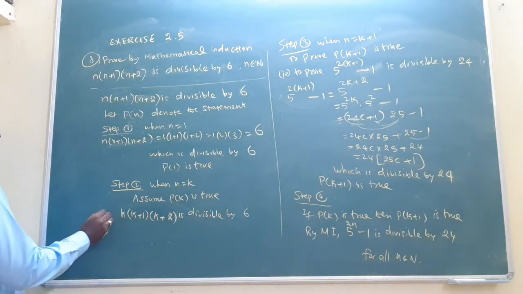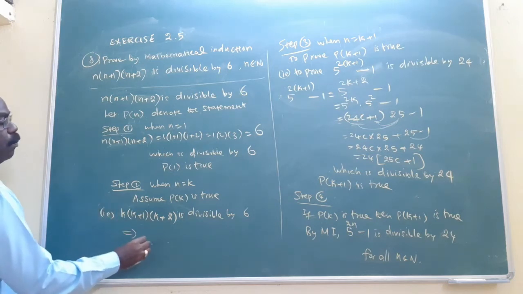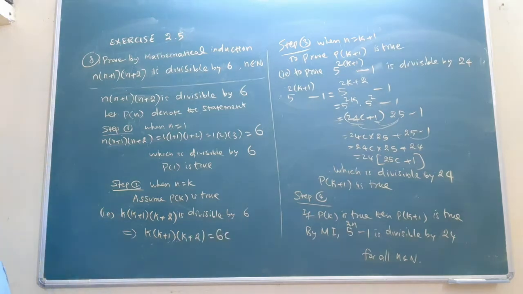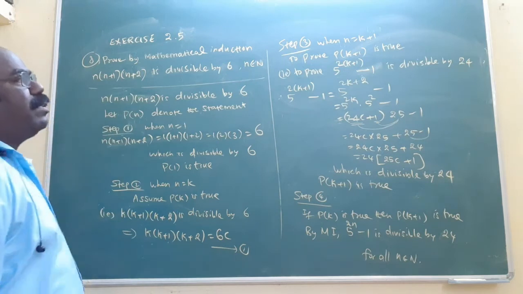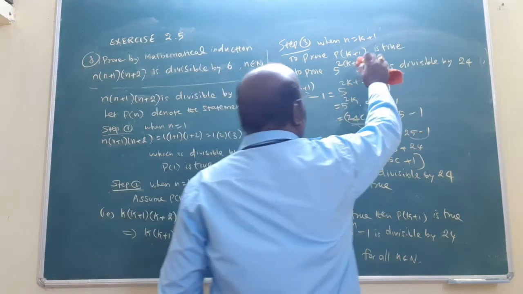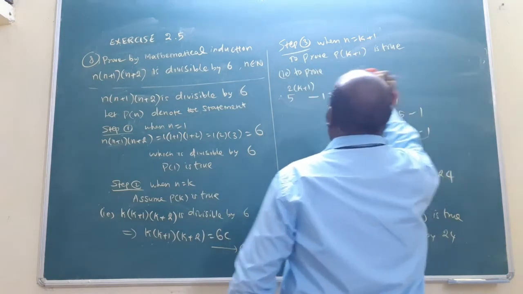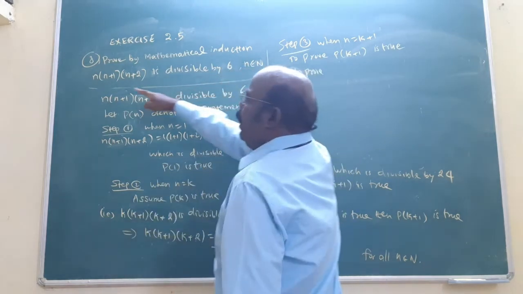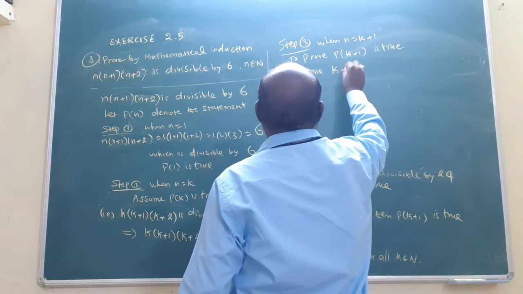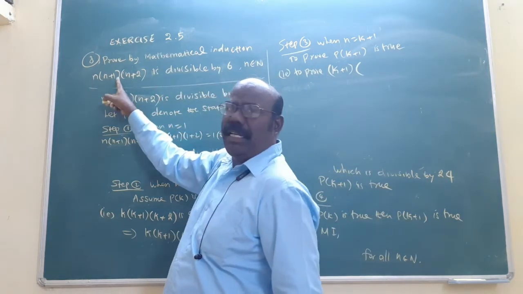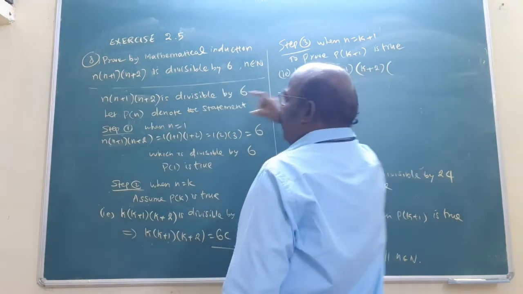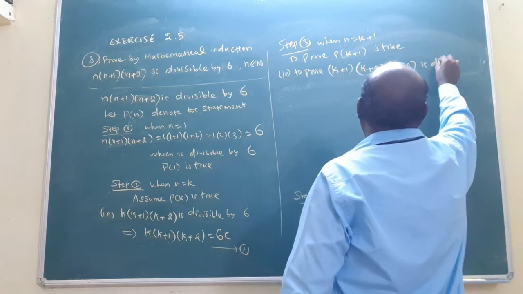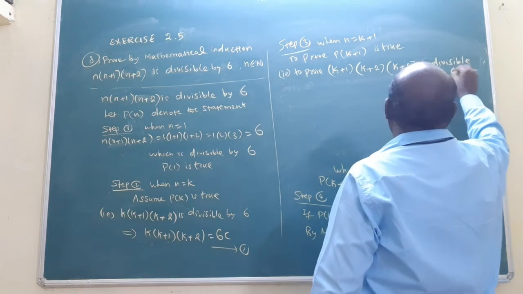What I told you: divisible by 6 means k into k plus 1 into k plus 2 equals a multiple of 6, that is 6c. Now the third step: when n equals k plus 1, to prove n into n plus 1 into n plus 2 with n as k plus 1, that is k plus 1 into k plus 2 into k plus 3, is divisible by 6. You want to prove this. Am I correct?